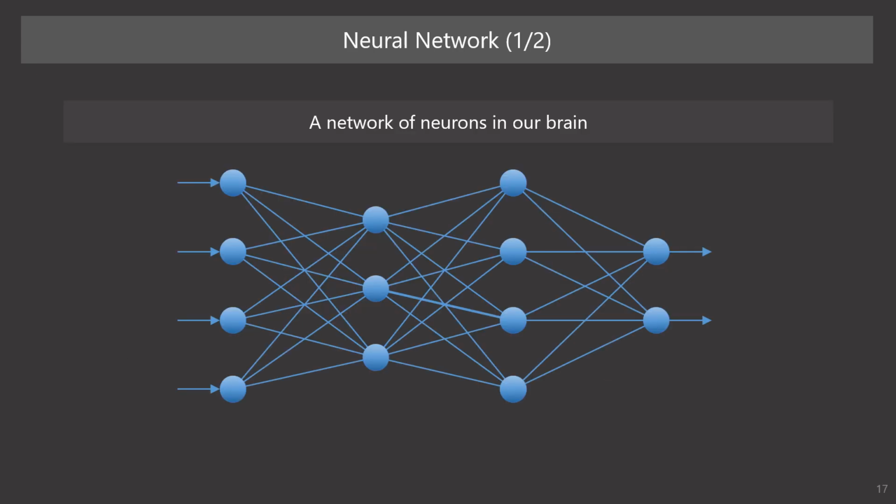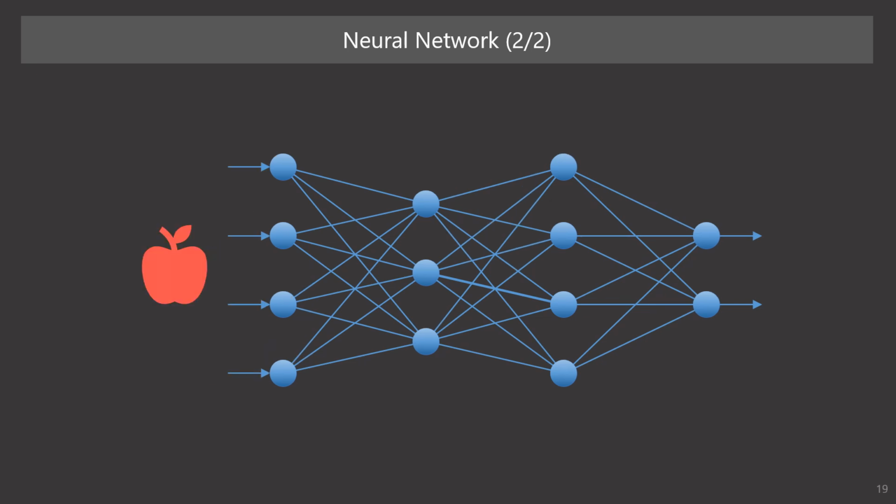A network of neurons in our brains called a neural network has a hierarchical structure, like the one depicted in this figure. The information received by a sensory organ will be hierarchically processed as a signal transmitted through the network. For instance, when we look at an apple, our retina does not immediately recognize it as an apple.